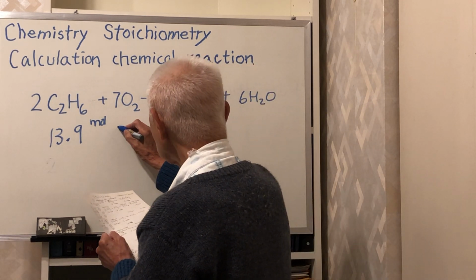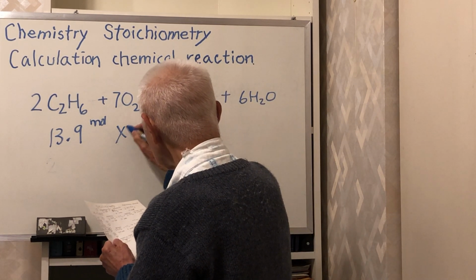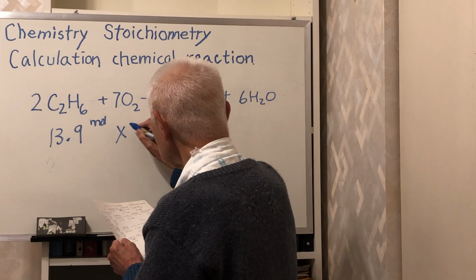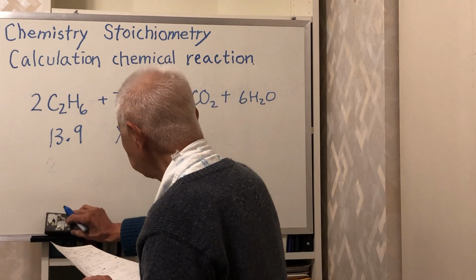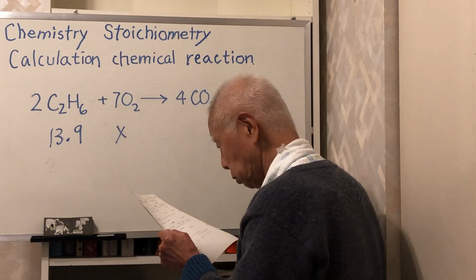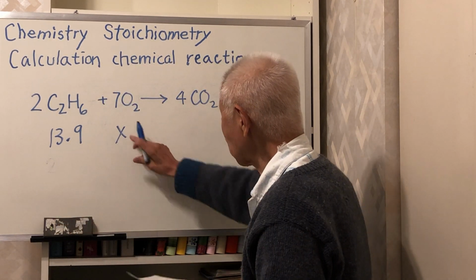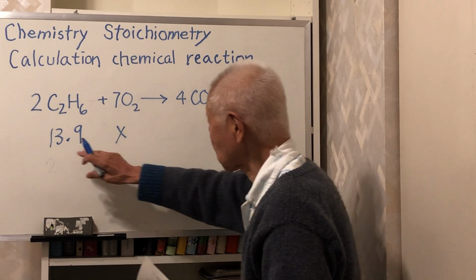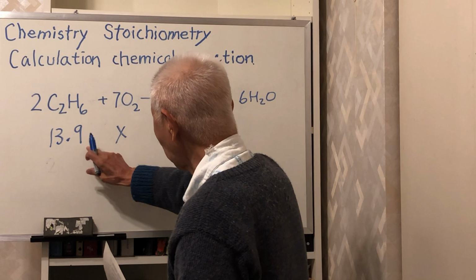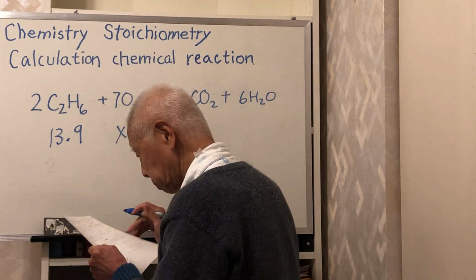So I need to find how many moles of oxygen. Let me erase the mole. Everything is in mole. What is X? How many moles of oxygen do I need to react completely with 13.9 ethane?